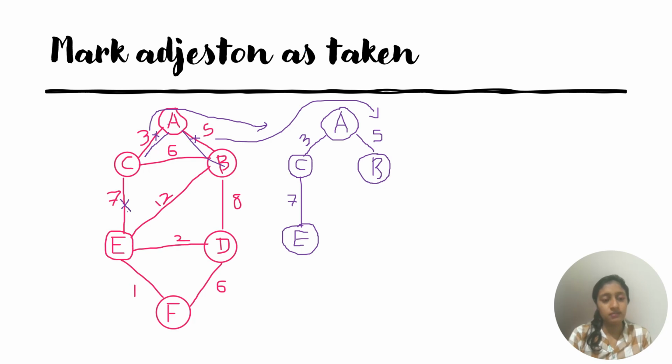We can take the minimum value edge to D, or, I tell you now, E has several edges: E to C, E to B, E to D, and E to F. Here, E to F. Let's take E to F. Before we take E to F edge, we should have to mark it as taken.